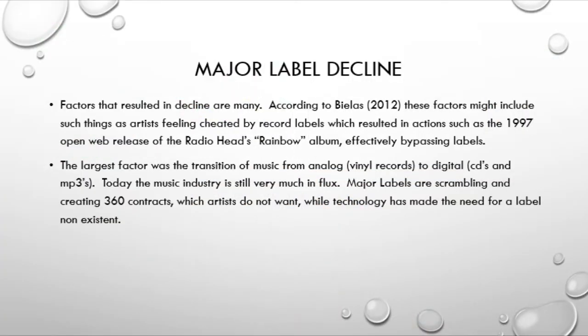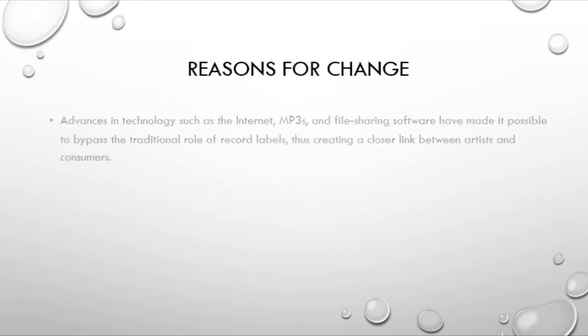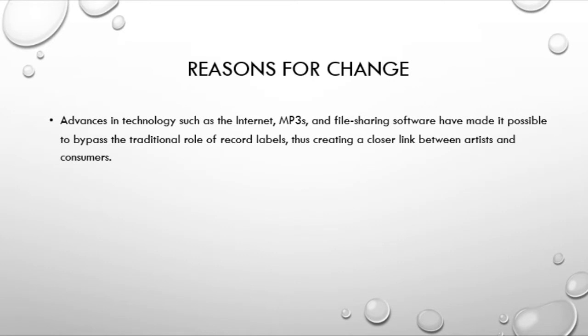Today, the music industry is still very much in flux. Major record labels are scrambling and creating 360 contracts, which artists do not want. All the while, technology has made the need for a label non-existent. Advances in technology such as the internet, MP3s, and file sharing software have made it possible to bypass the traditional role of record labels, thus creating a closer link between artists and consumers.